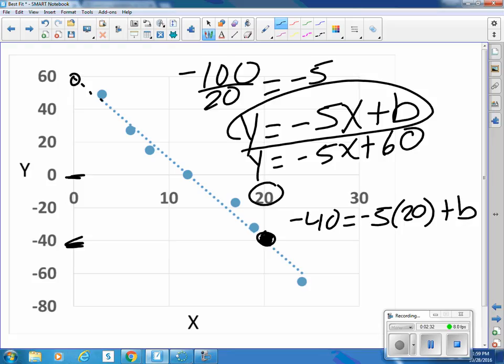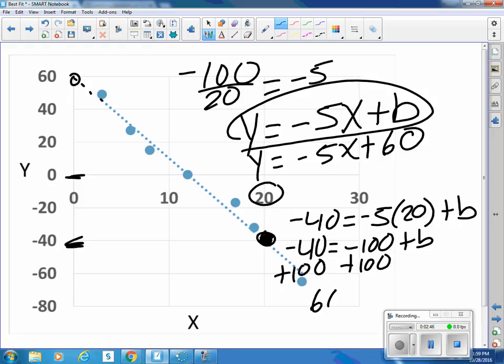And we still read that as b. So negative 5 times 20 would be negative 100. So solving that, I add 100 to each side. That is 60. So that's the generic way to get that for any equation.